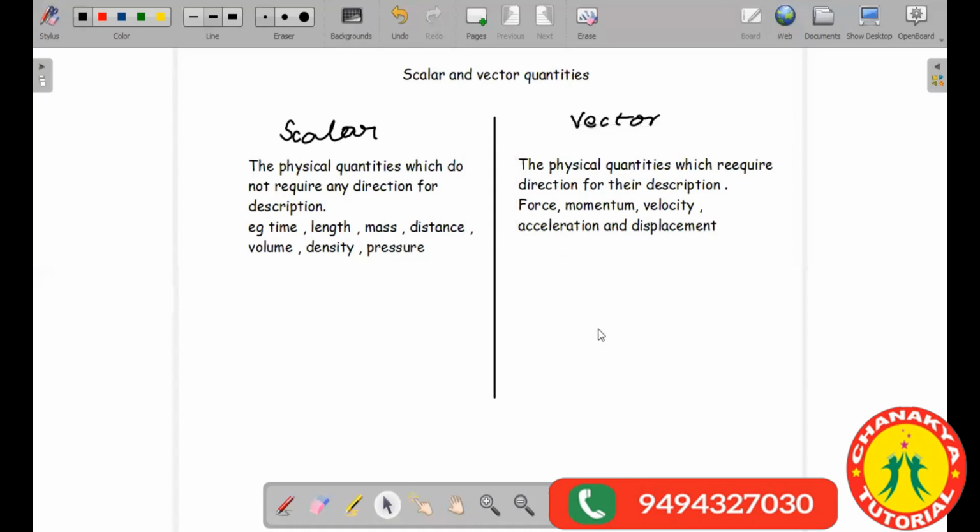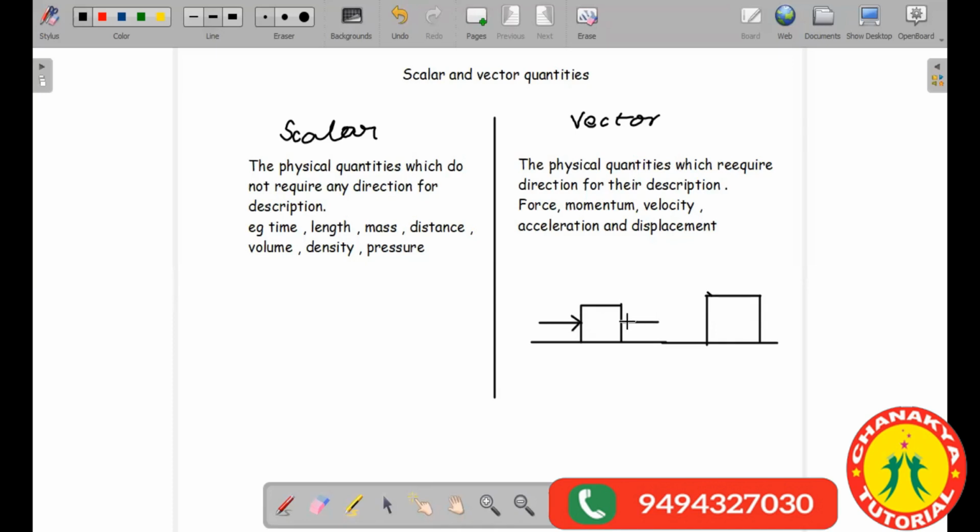So for just understanding a little bit about the vector quantity, suppose you have a block and that block is being pushed by two people. Now the block can be pushed by two people in different ways. There are different ways of applying the force on the block. I'll show you the two different ways. It can happen that some force is being applied on the block in two opposite directions.